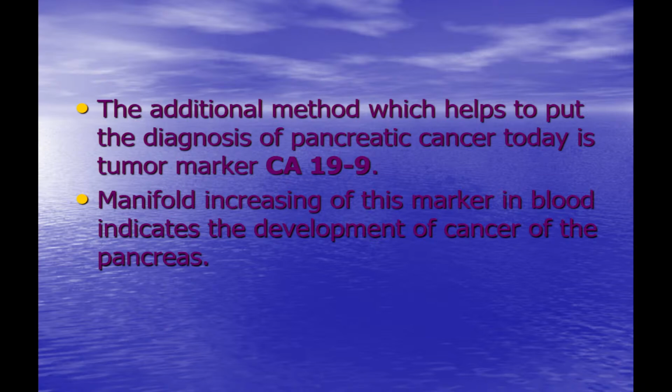An additional method which helps to make the diagnosis of pancreatic cancer is the tumor marker cancer antigen 19-9. A manifold increase of this marker in blood indicates the development of cancer of the pancreas.